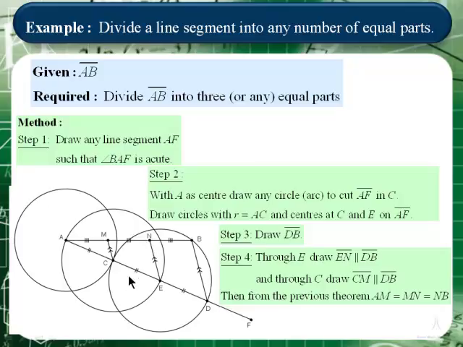From the previous theorem, we know that the parallel lines CM, EN and DB cut off equal parts from the line segment AD, so therefore they will cut off equal parts from the line segment AB, and that then means that AM will be equal to MN, will be equal to NB. Now this is a useful way of dividing a given line segment into any number of equal parts.